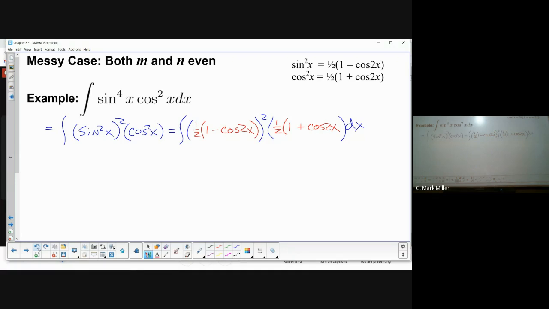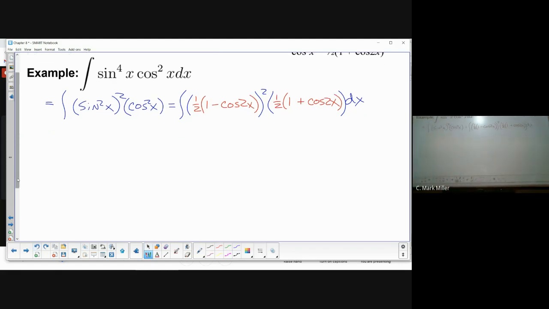Let's deal with some constants. This 1/2 squared is a 1/4.